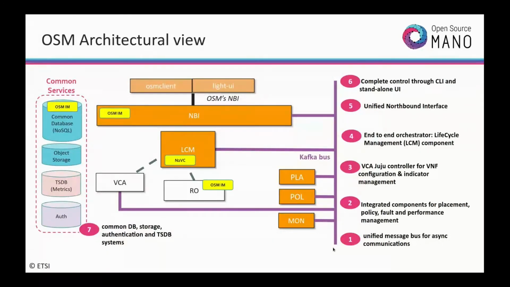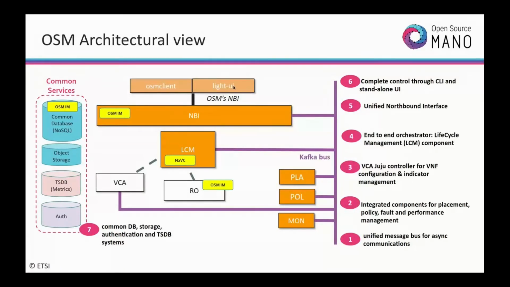So in our particular picture here at the top, we've got the OSM client, which is what you've been using from the command line to do things like OSM NS list or NSI create. These are the things that you see from the OSM client.